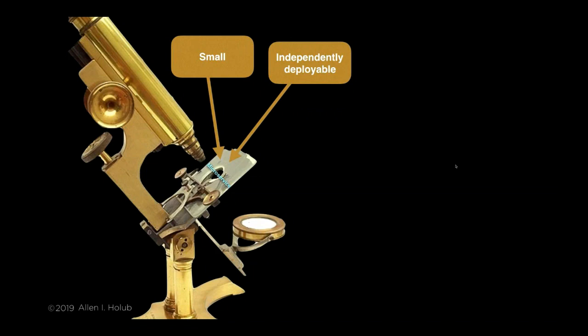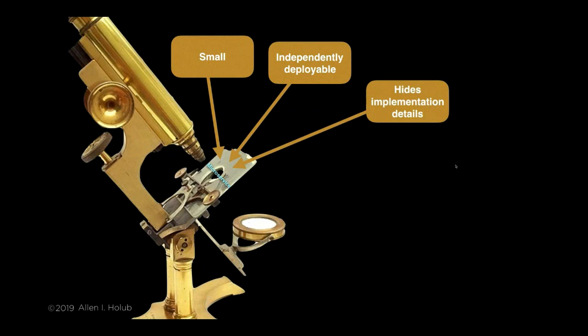The next important characteristic is that the implementation details are hidden inside the service. Or to put it another way, the microservice has a well-defined API that other systems use to talk to it, but you don't really need to know how a microservice works in order to use the service.